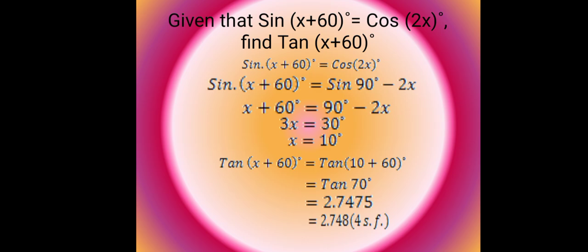Now we have equated sines on both sides of the equation, so we drop the sines and solve for x. So x is 10 degrees. Now if x is 10 degrees, tan of x plus 60 is 10 plus 60, which is 70, and tan 70 is equivalent to 2.7475, which we can write as 2.748 to 4 significant figures.